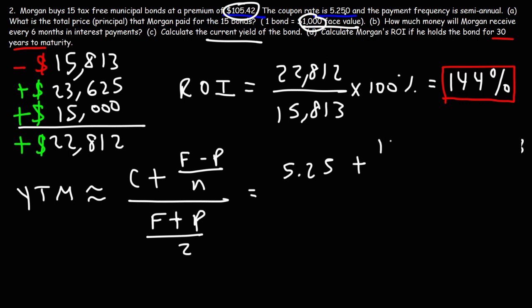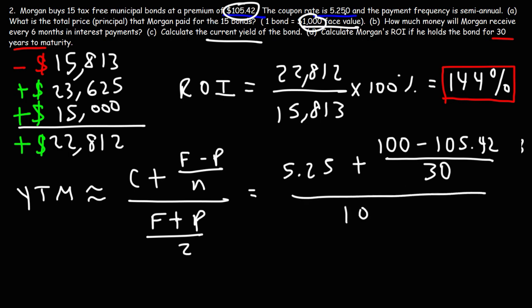F, the face value is 100. The price of the bond is 105.42. And then we're going to hold this for 30 years. And then this is going to be divided by F plus the price of the bond over 2.